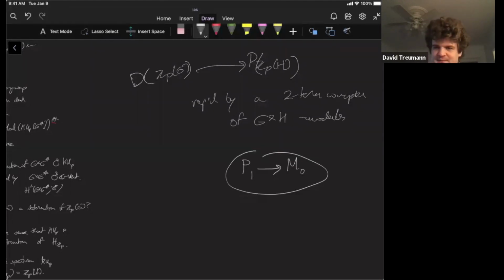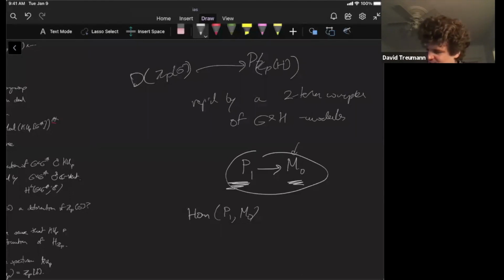You can write down the same object, or well, you can try. Sorry, so long as you could find a version of this M0, you would have a version of this. Is that always simple? I'm not sure. So instead, Hom from this P1 exists, and maybe this M0 exists, and then Hom from P1 to M0 is the same in both worlds, in both the K-theory world and the usual world.